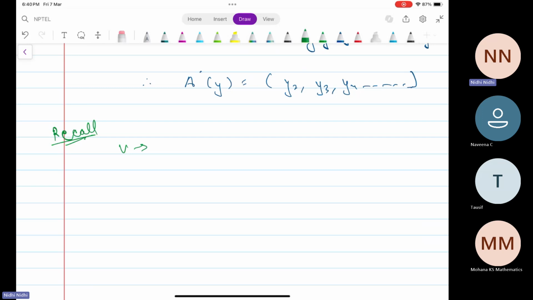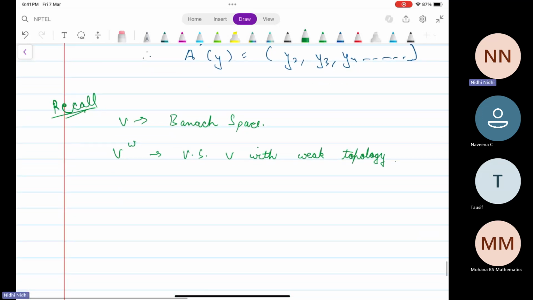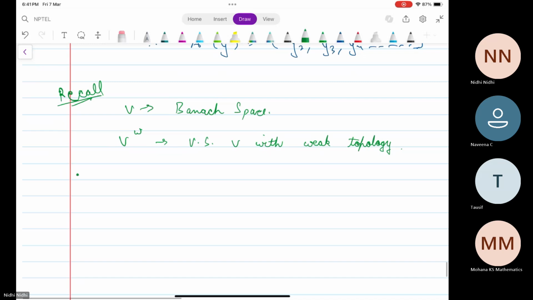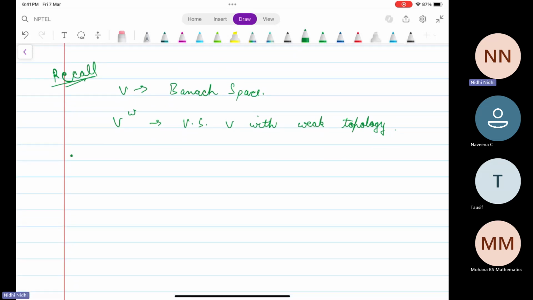If we have a Banach space V, then V_W is the vector space V with the smallest topology called the weak topology. So we say the convergence in weak topology is given as follows.